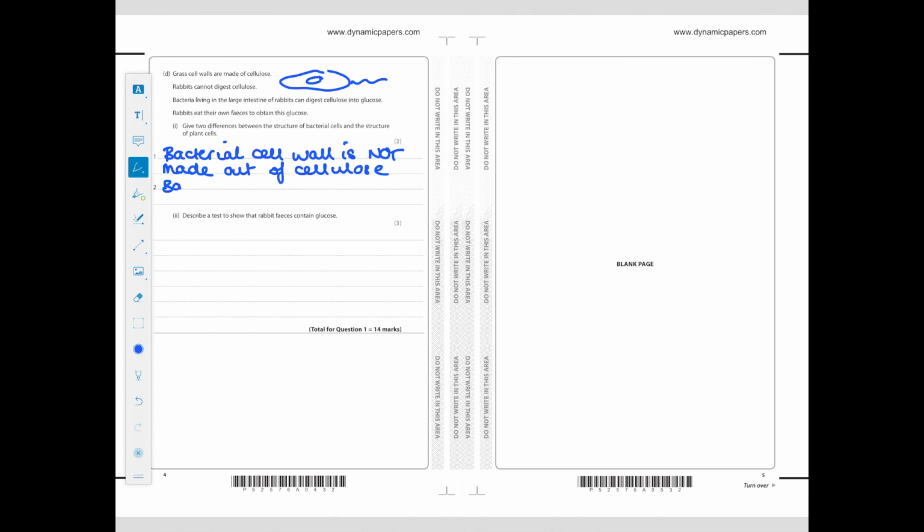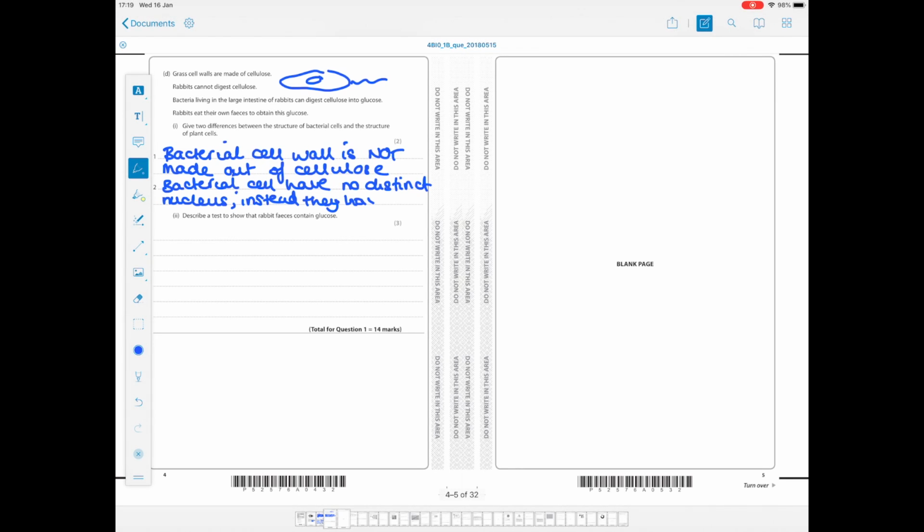So bacterial cells have no distinct nucleus. Instead, they have a nucleoid.